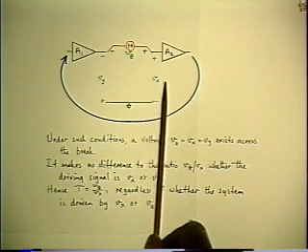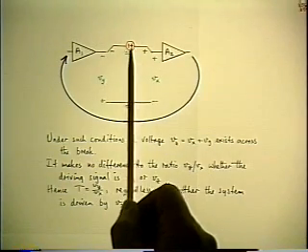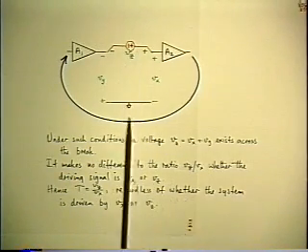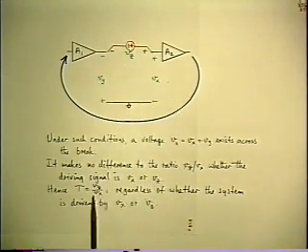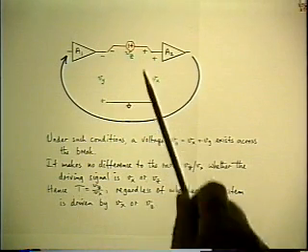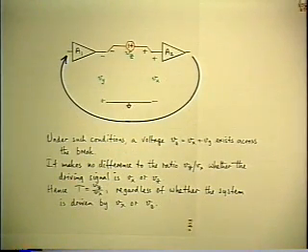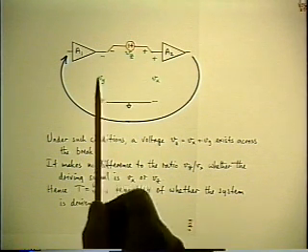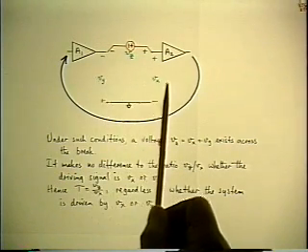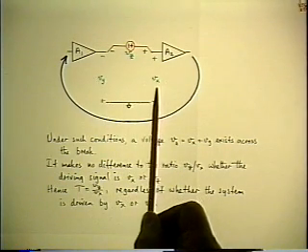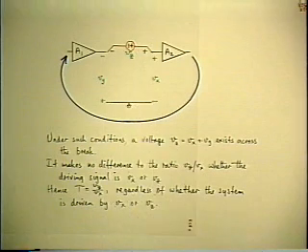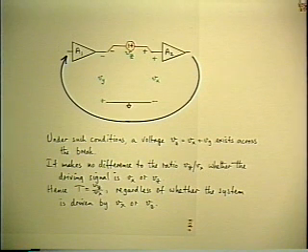One is that the sum of the two of them equals what you apply. The other condition is that the ratio of them equals T, which is fixed by the properties of the system. So it makes no difference to the ratio of Vy over Vx which of the signals is the independent input one. It doesn't matter whether it's Vx or Vz. It doesn't change the ratio of Vy to Vx.